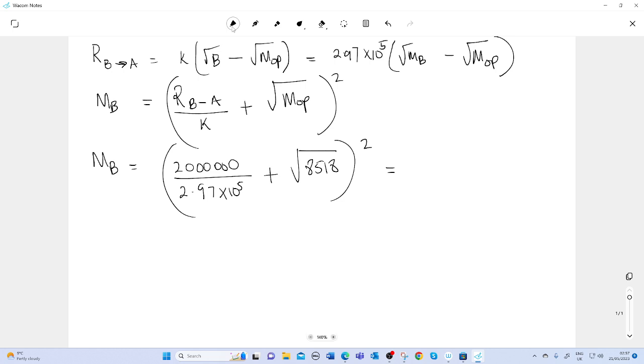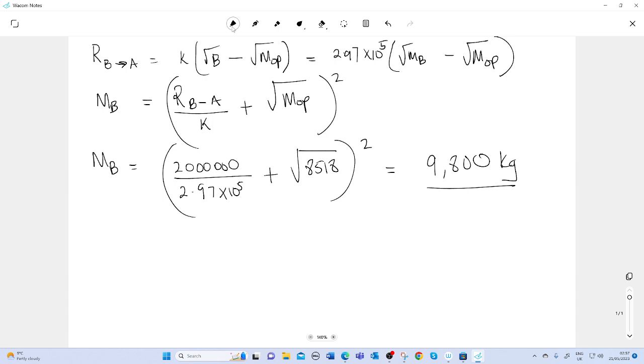That gives us 9,800 kilograms. So that's the mass when the aircraft reached station B.